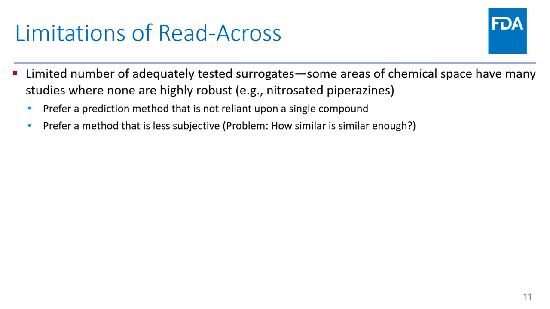So we really need to look for a prediction method that's not reliant upon having data for a single compound. And furthermore, it would be ideal to have a method that's less subjective in the sense that for surrogate selection, there's still cases where there's some concern about whether that surrogate is sufficiently similar to actually be able to use for read across purposes. So how similar does it need to be in order for it to be acceptable?